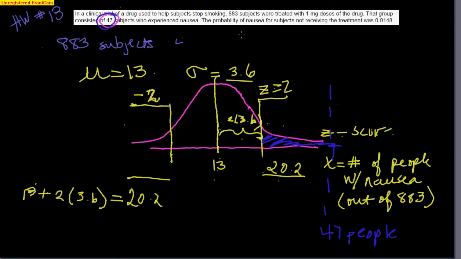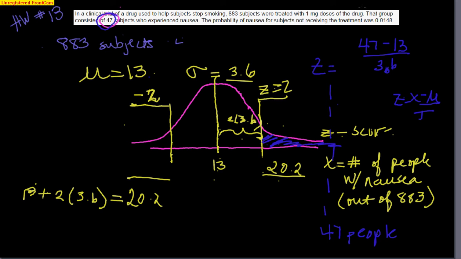In fact, we could find this z-score if we wanted to. Z equals 47 minus 13 divided by the standard deviation of 3.6. If you remember, to find a z-score, it is equal to x minus the mean over the standard deviation.